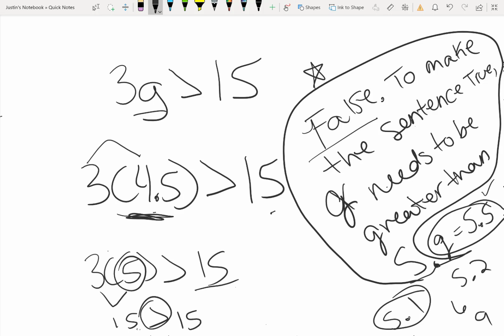So make sure you write your sentences, give a number to make it either true or false, and if it's true, make it false. If it's false, make it true.